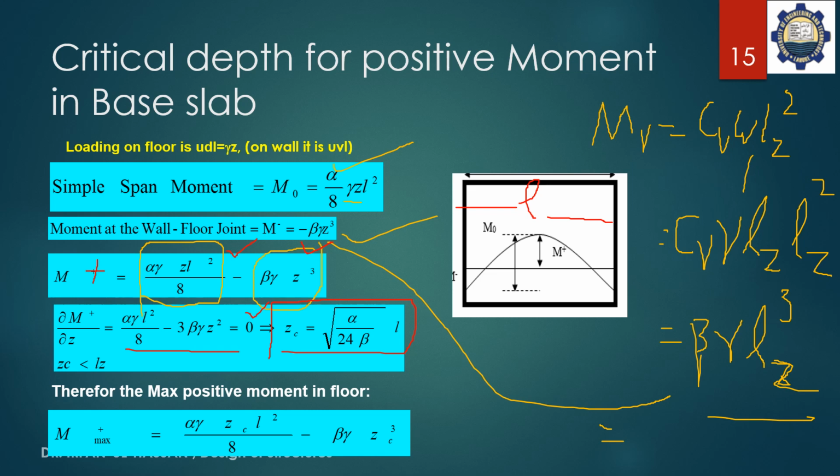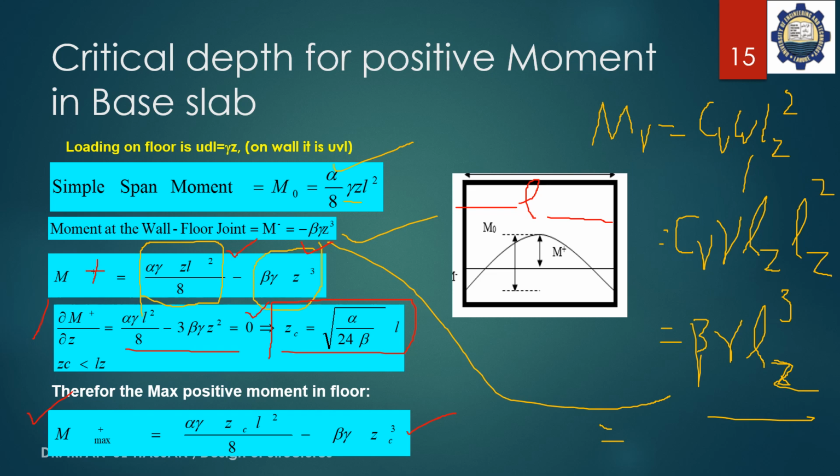So from that, you put all the values in the positive moment expression, the Z critical value, and you can modify this expression into the positive maximum, and you just have to add the self-weight moment in that, putting the values alpha gamma ZC L square over 8 minus beta gamma ZC cube. The negative moment coefficient was already known from the walls.